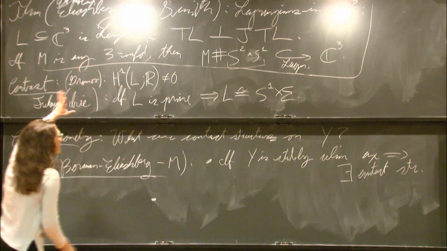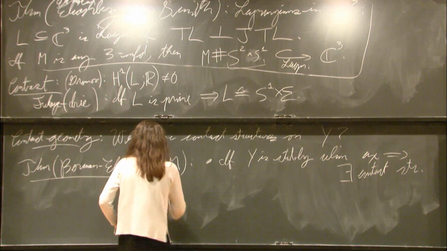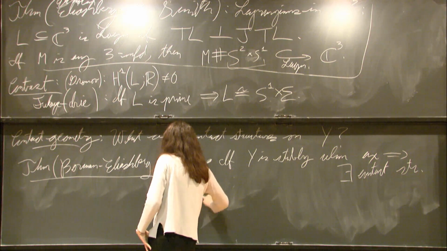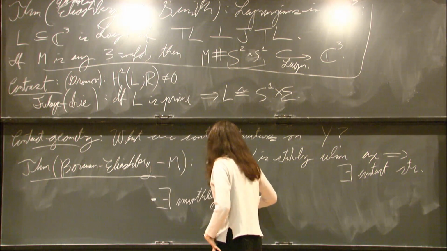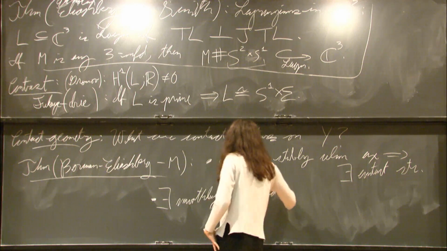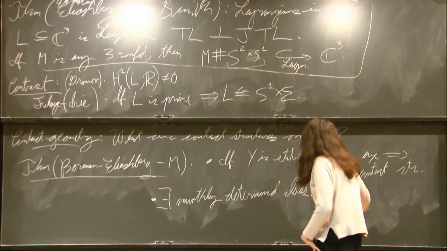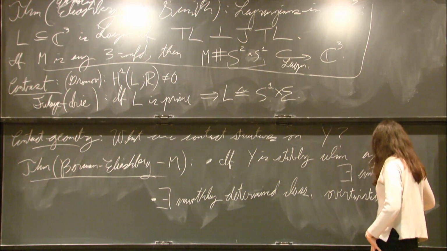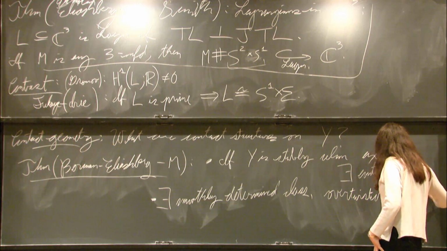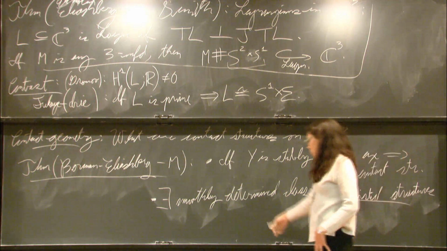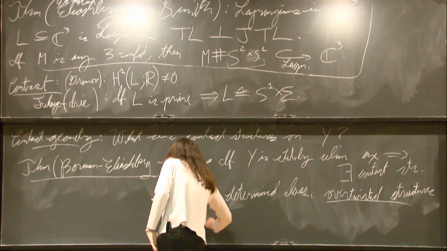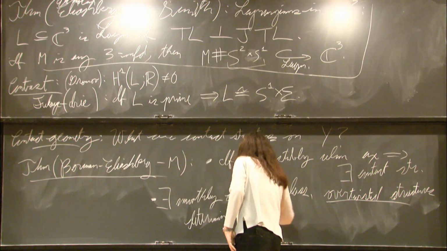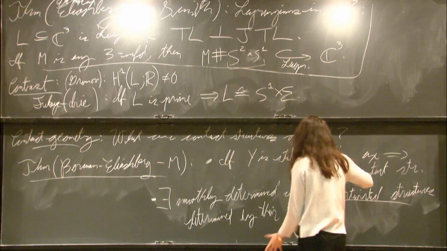But maybe more connected with this theme is that there exists a smoothly determined class, called the overtwisted contact structures, which are completely determined by their topological data.